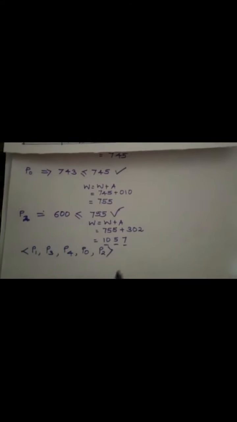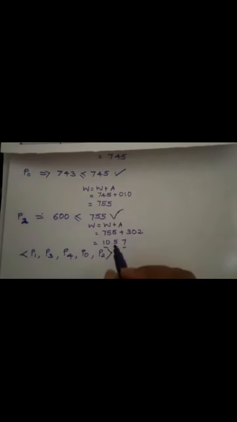So 7, 5, 5 plus the allocation of P2, which is 3, 0, 2, will be added and it becomes 10, 5, 7. So P2 gets added into the safe sequence. In this way, the system will remain in a safe state and the deadlock will be avoided.